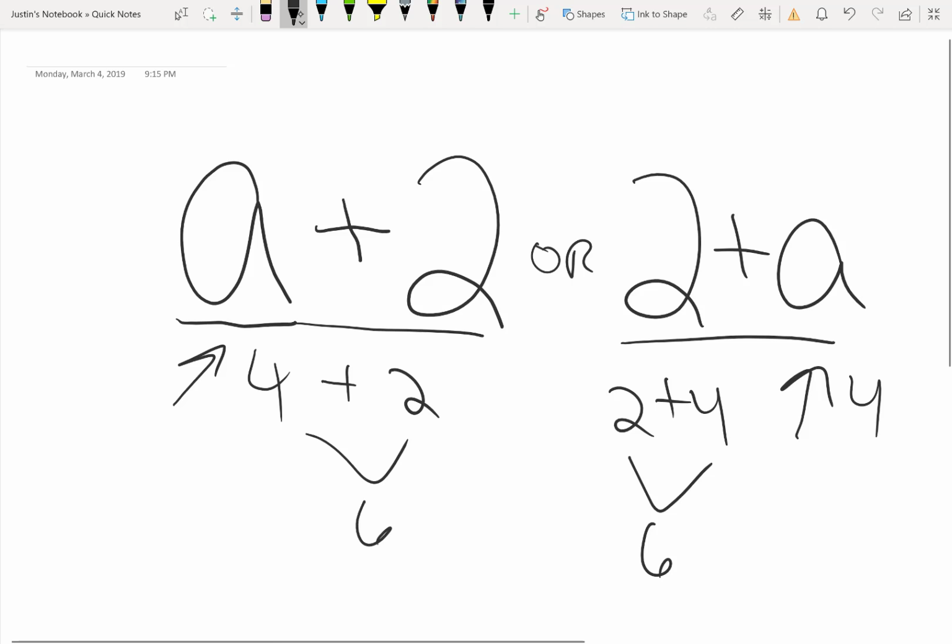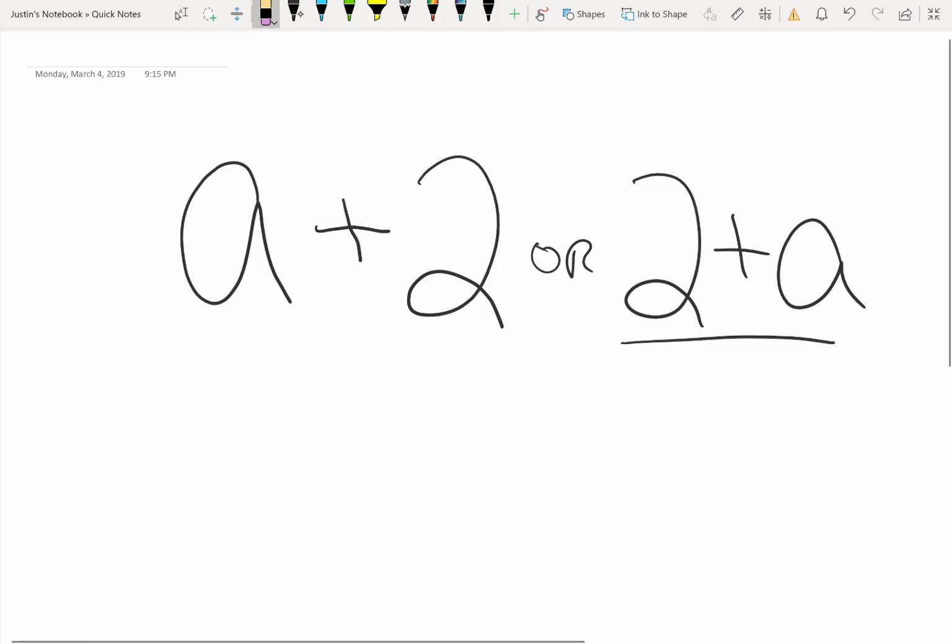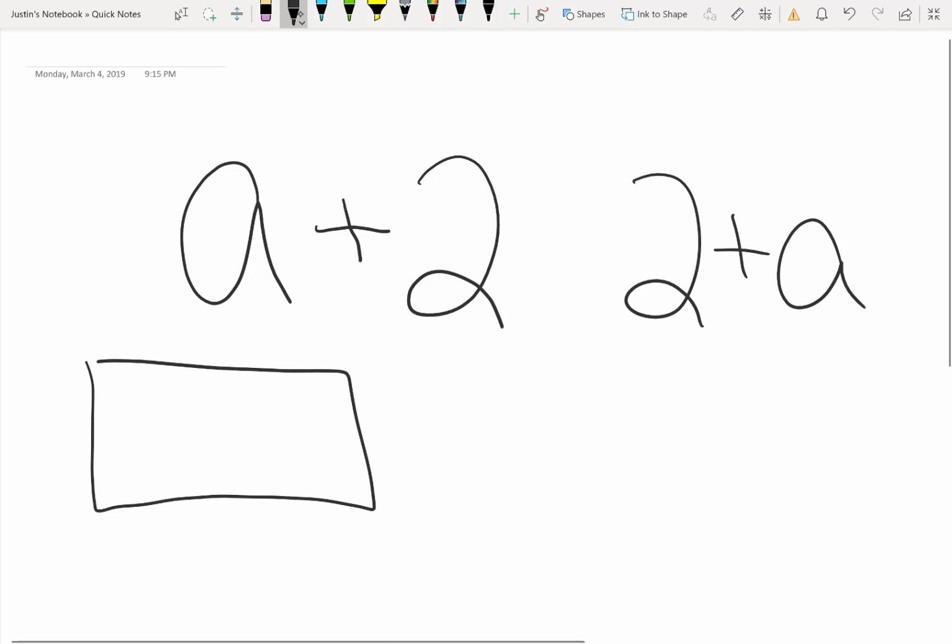All right, so look underneath it. It says, can you prove this using a model? And remember we did models before I left with using variables. So if I did A plus 2, here would be A. So this would represent A. And I would add in, actually I should have done that where 2 looks like 2 boxes.